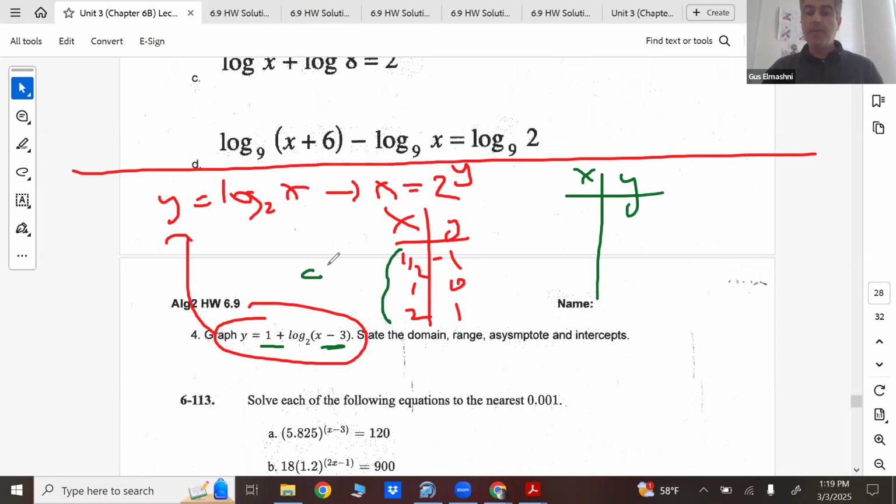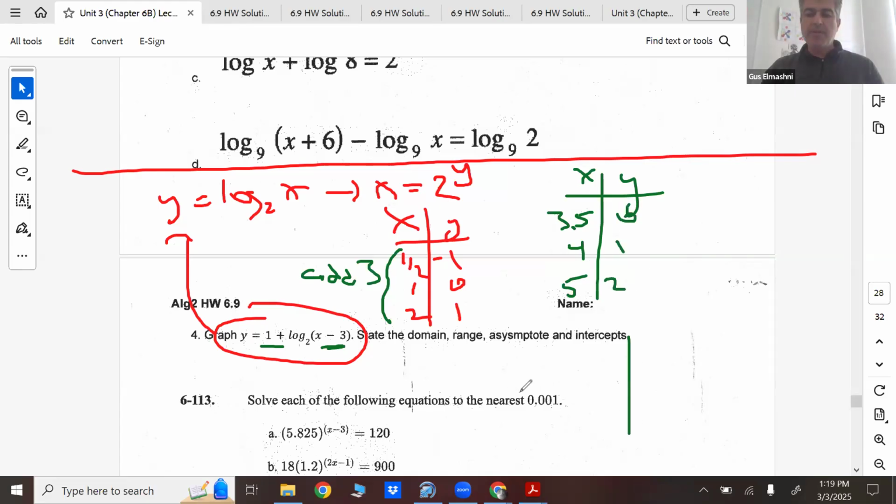You have to add 3. How about the y values? How do they change? If it's a +1, how do I change y values? Go up. Good, thank you. Go up 1, yes.